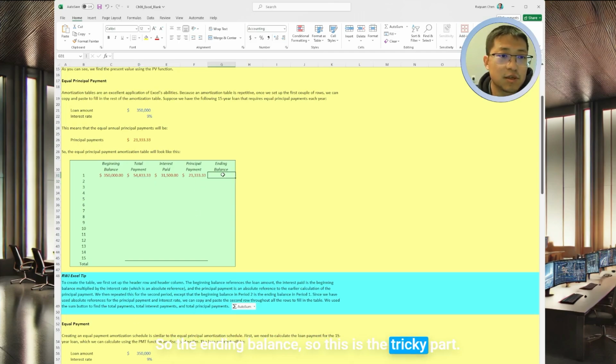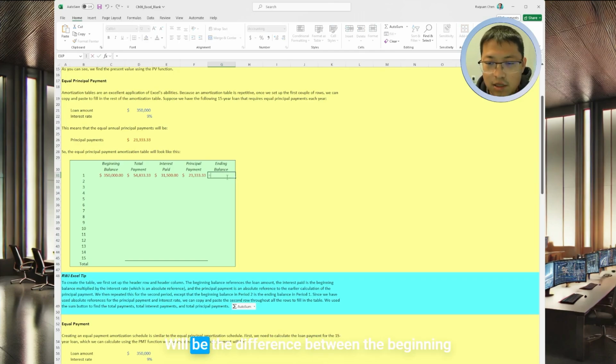So the ending balance, right? This is the tricky part. I want you to pay attention here. The ending balance will be the difference between the beginning balance and the principal payment. You may say, I paid more than that.